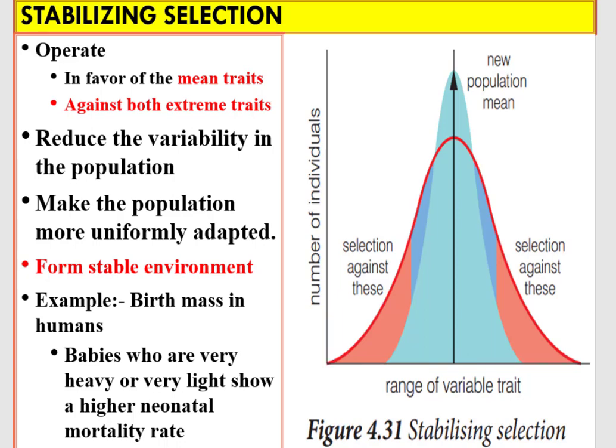In a stable environment, individuals at both ends of the range of values or traits are the least well adapted. Selection often operates against both these extremes to reduce variability in the population and to make the population more uniformly adapted.